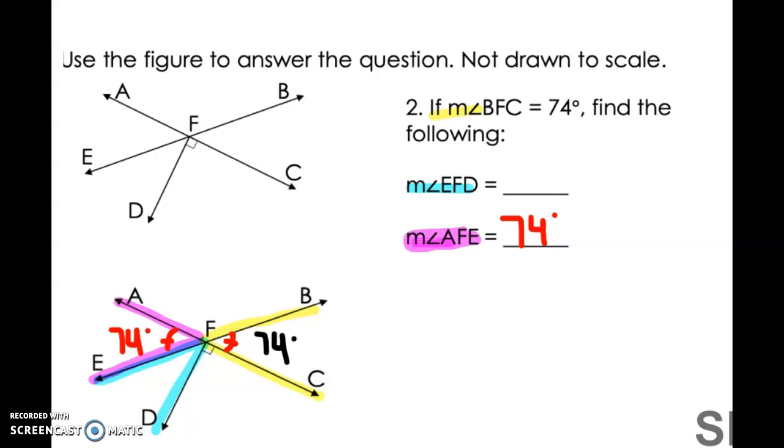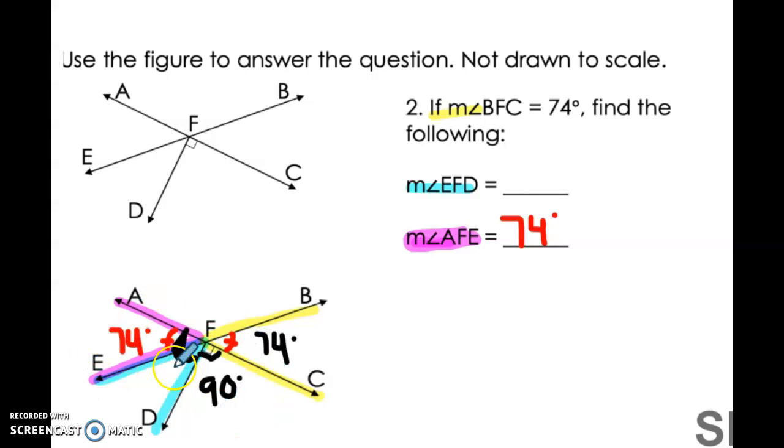Now we need to find the measure of angle EFD, so our blue angle there. There are a couple ways to do this. So let's look here. This box down here means that angle DFC is 90 degrees. If AC is a straight line and we have a right angle here, that means we better also have a right angle over here.